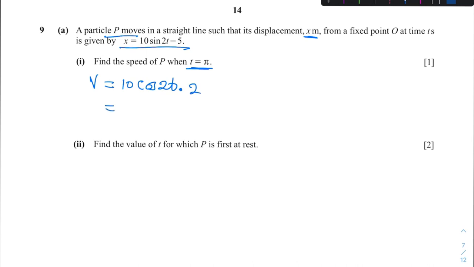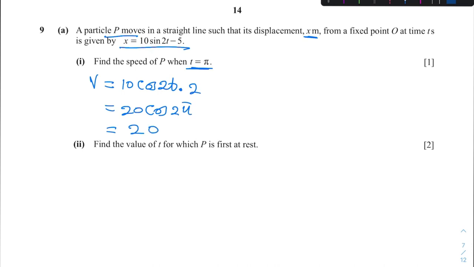They said t is pi. So 2 times the 10 gives us 20. So we have 20 cos 2 pi, because t is pi. So our answer is 20.